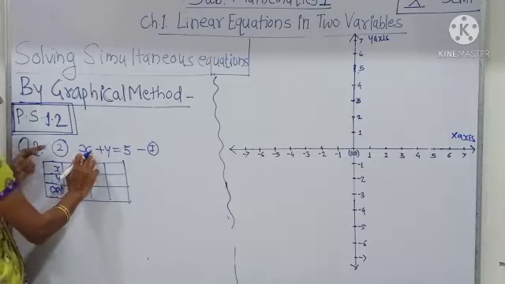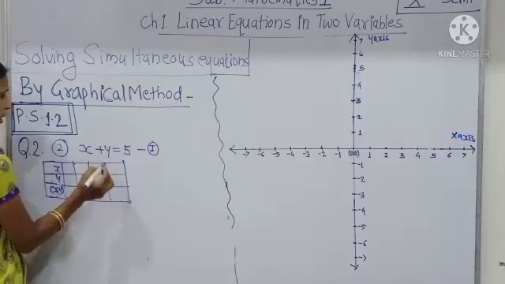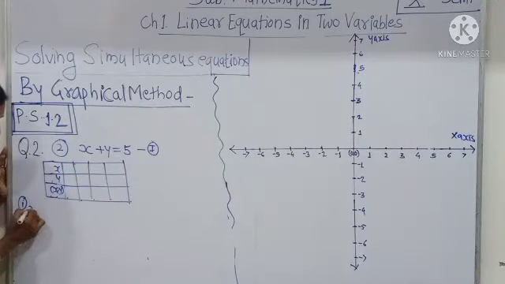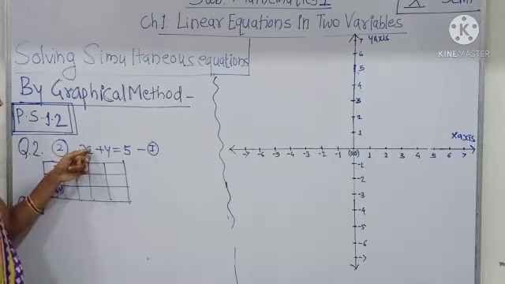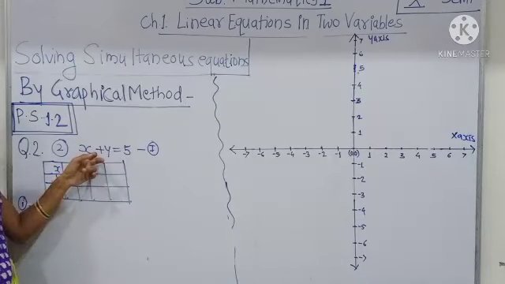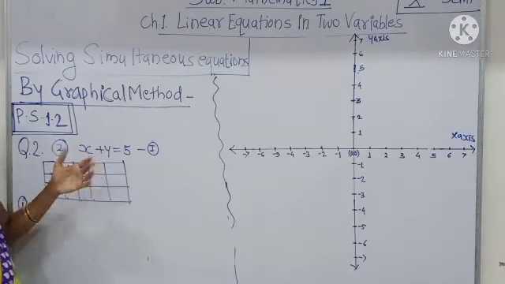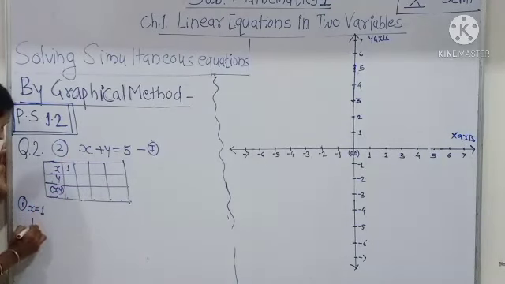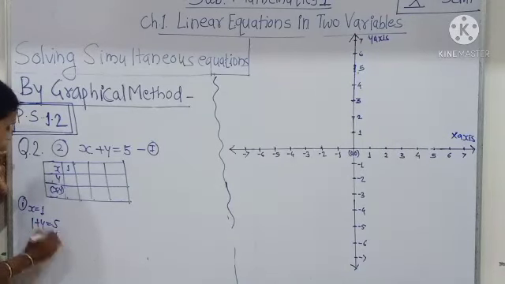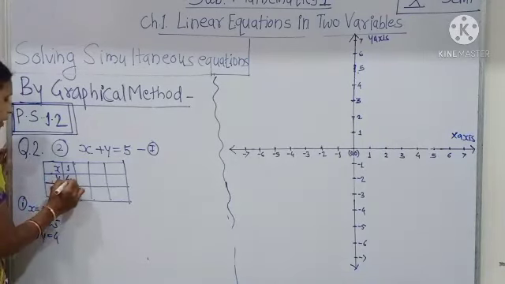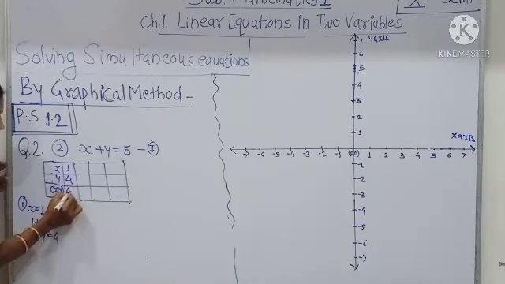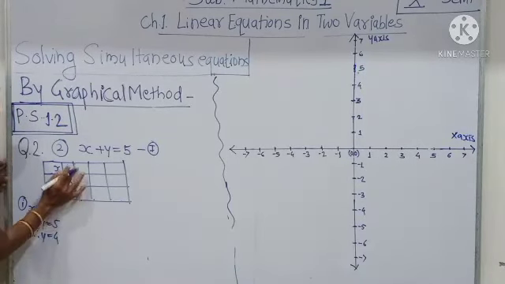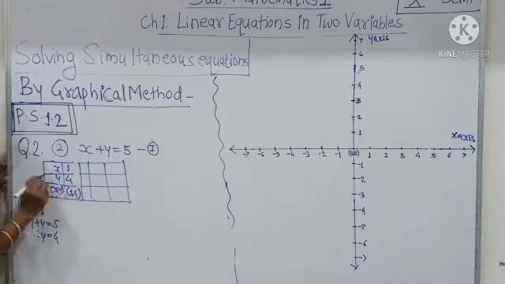See here, x plus y is equal to 5. If the value of x is equal to 1, then we can do the calculation orally to get the ordered pair. If x is equal to 1, then 1 plus y is equal to 5. Therefore, y is equal to 4. Therefore, we get the first ordered pair, that is 1, 4.